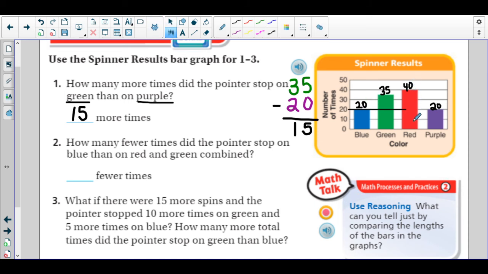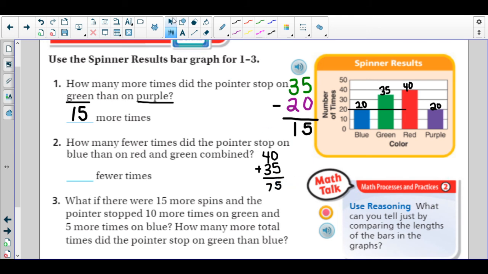So here's red at 40. And green had 35. We're going to combine those. We're going to add them to get 75.